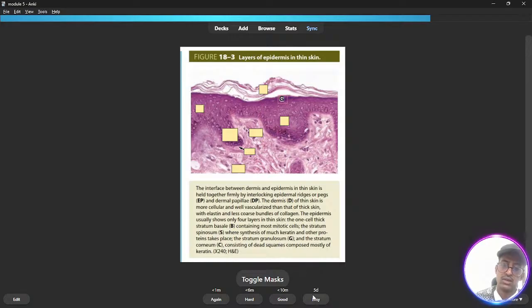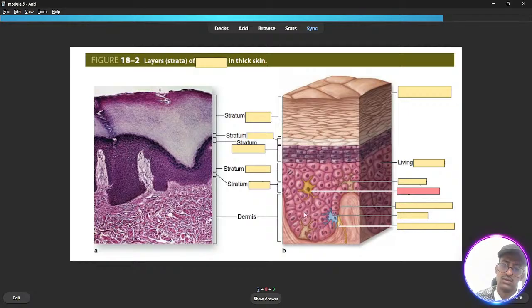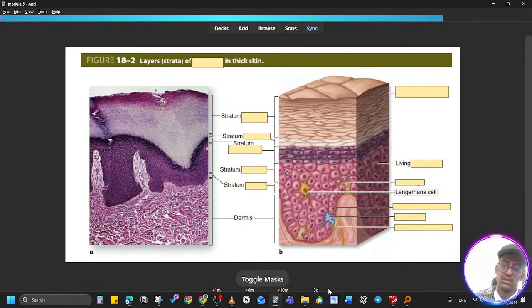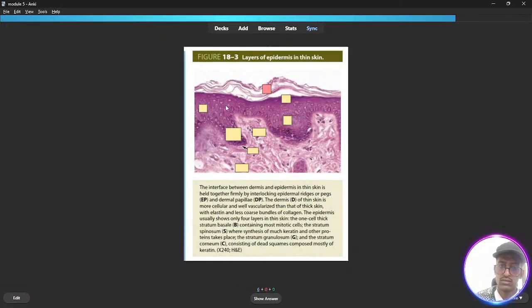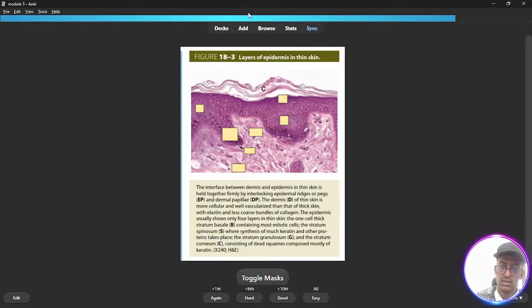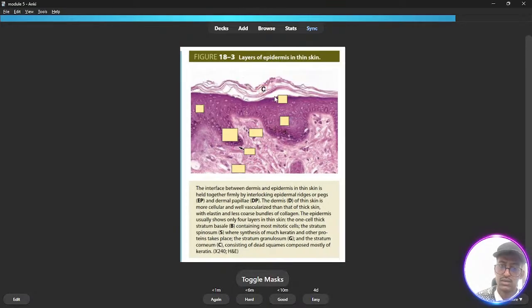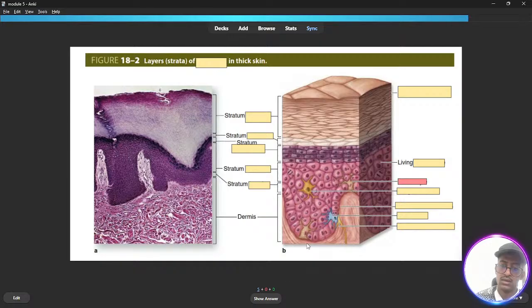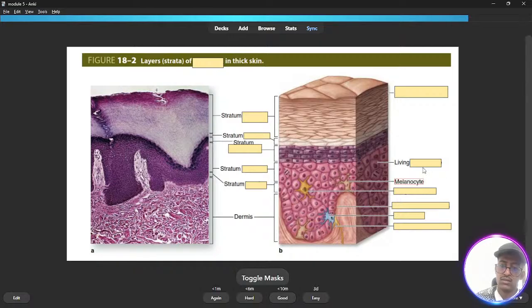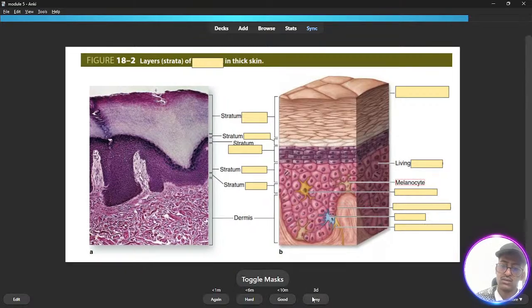Whoa. Oh yeah, man. Jesus, these are Langerhans cells. Alright, this one is cutaneous, but this is stratum corneum. So between stratum corneum and granulosum we need lucidum. Alright, before granule. So this one is epithelial layer, no? Melanocytes. Oh, okay.